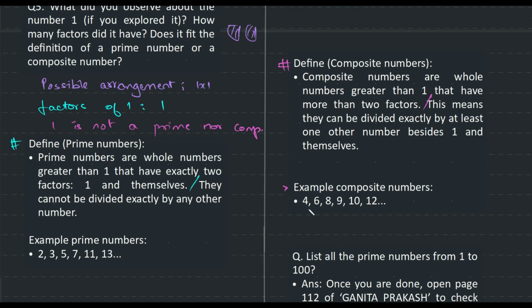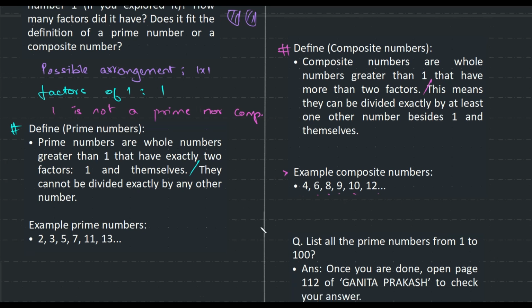A bunch of examples are 4, 6, 8, 9, 10, 12. The factors of 4 are 1, 2 and 4. 6 has 1, 2, 3 and 6. So there are 4 of them. In that manner, you will see that the number of factors for all of these will be more than 2.